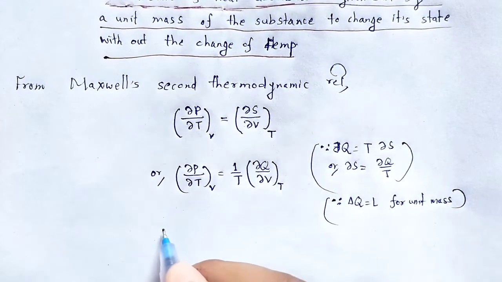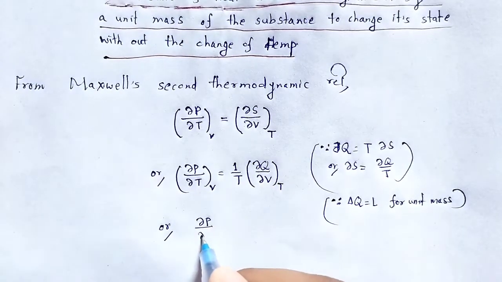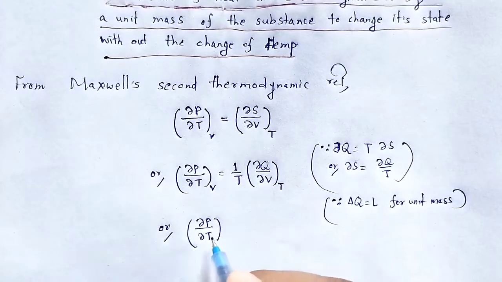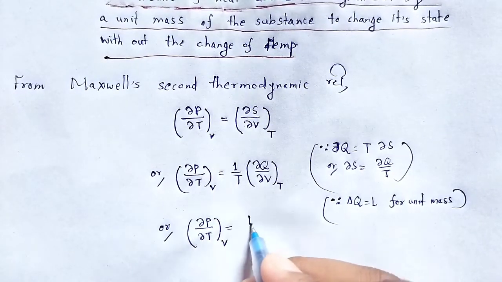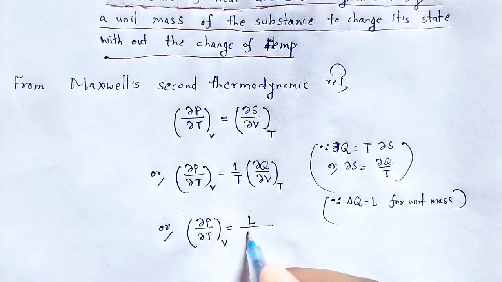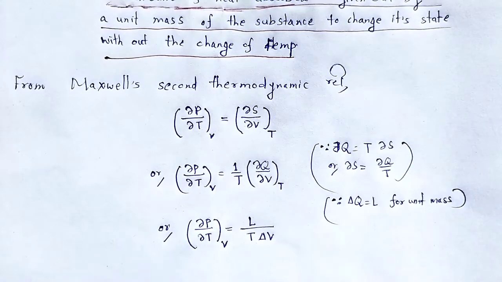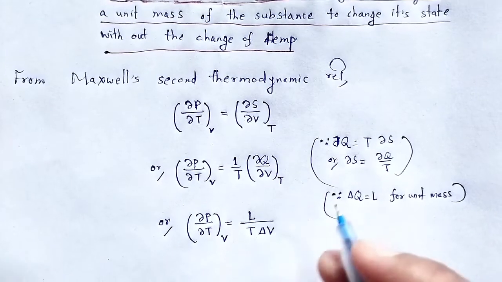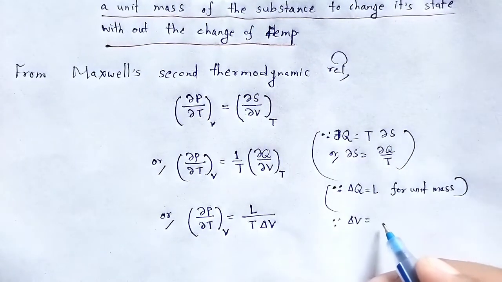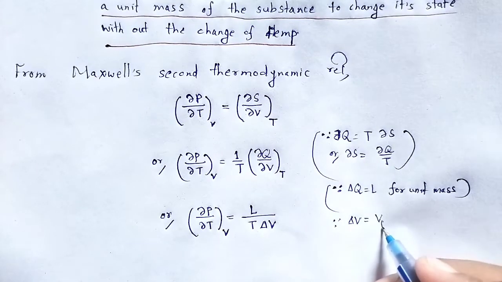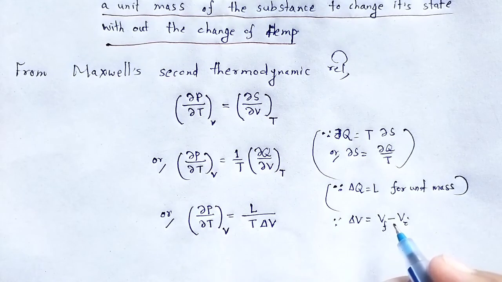So, that equation changes to del P by del T at constant volume is equal to L divided by T del V, where del V is the V final minus V initial, the change in volume.